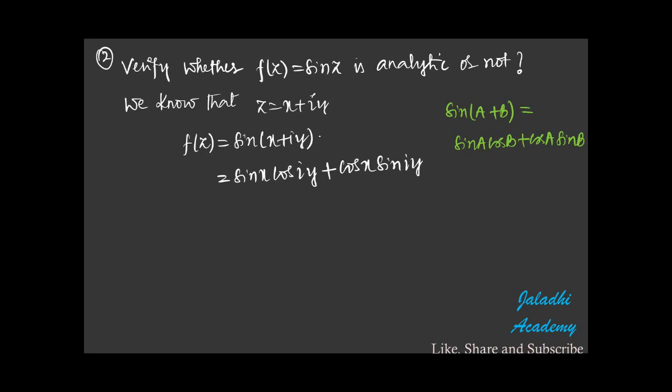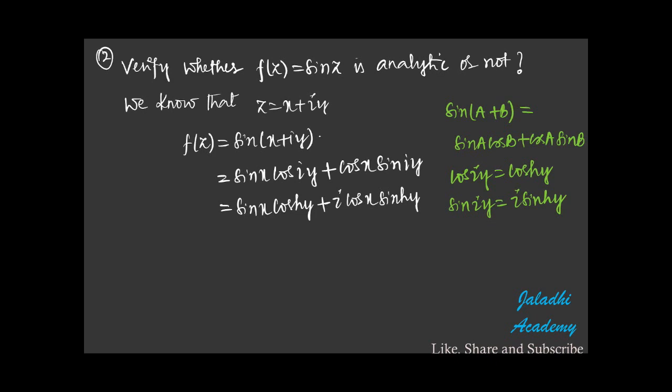So here, to separate the real and imaginary parts, we will use two identities. One is cos iy is the same as cos hyperbolic y, and sin iy is the same as i sin hyperbolic y. So using these two results, we can write it as sin x into cos hyperbolic y plus i times cos x into sin hyperbolic y.